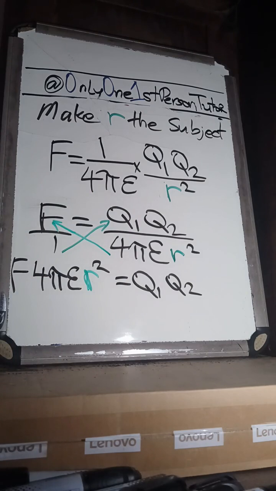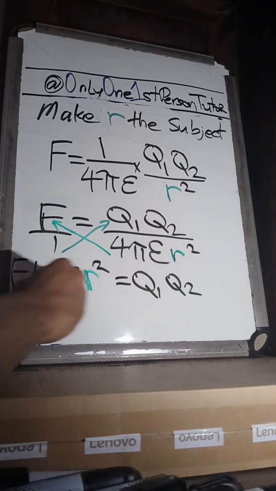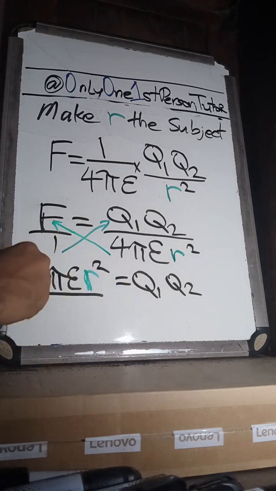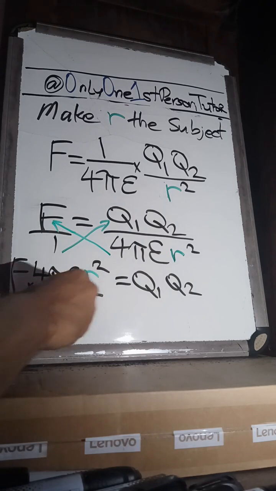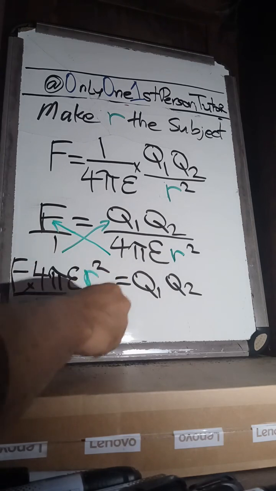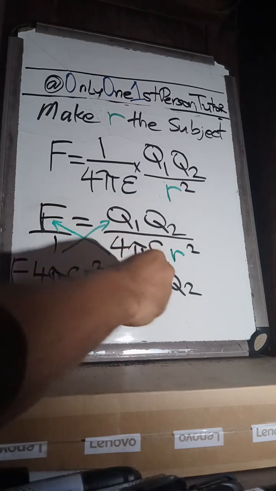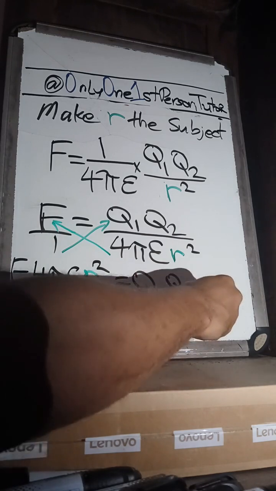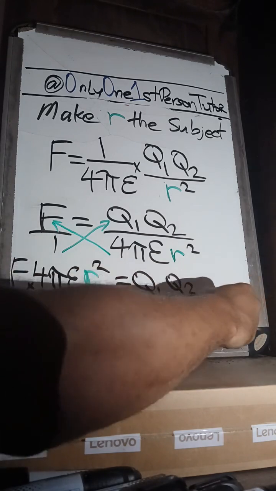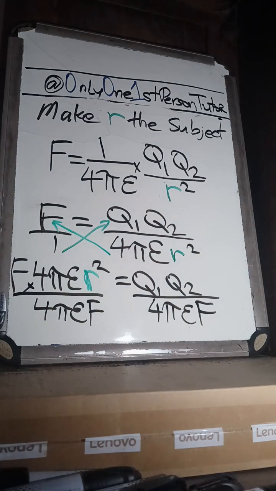Now, we want to get rid of everything that's in the black. So we're going to divide, right? Yeah, so we'll divide both sides by what's in black.